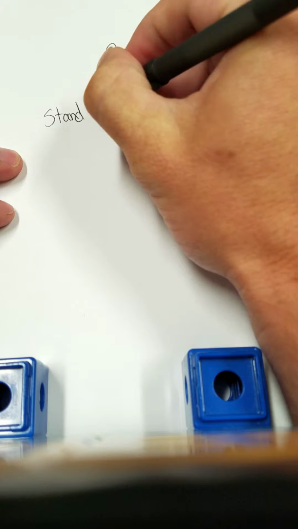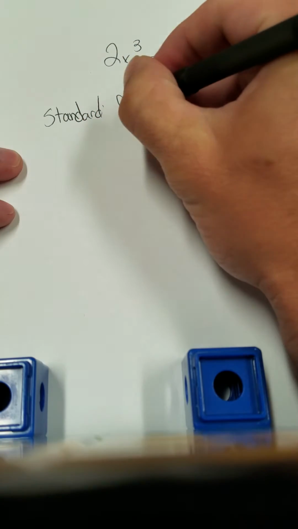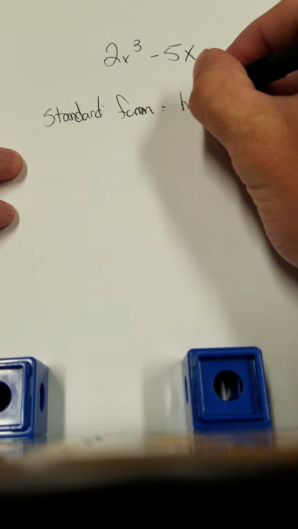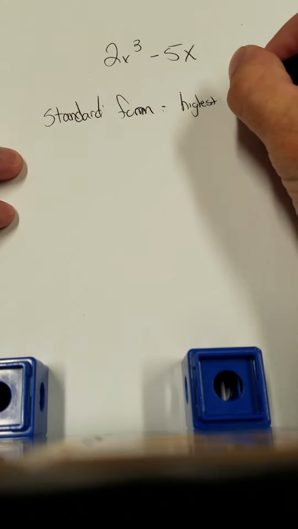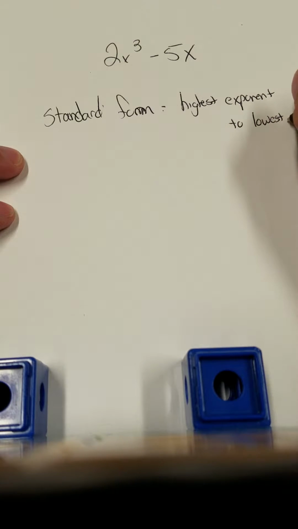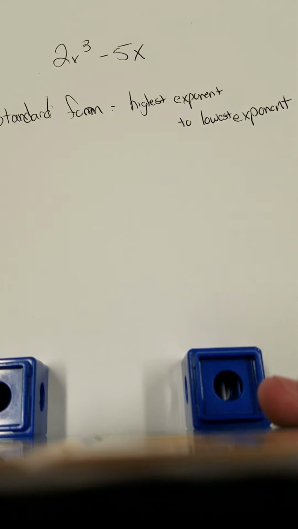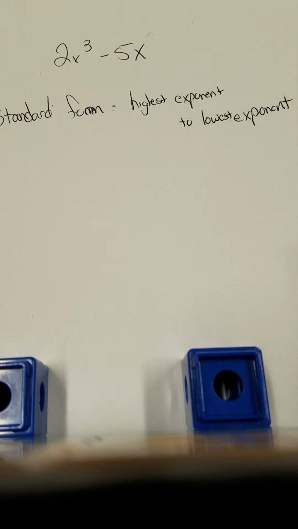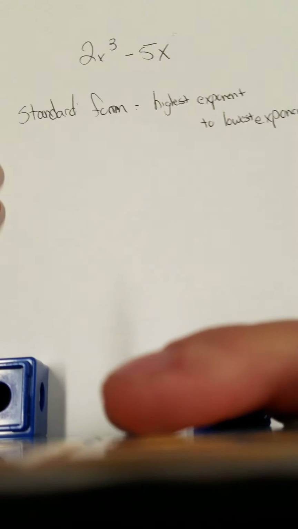Standard form means highest exponent to lowest exponent. That's going to be standard form. Highest to lowest.